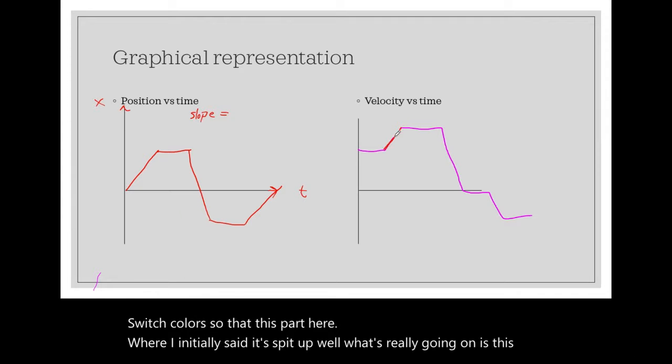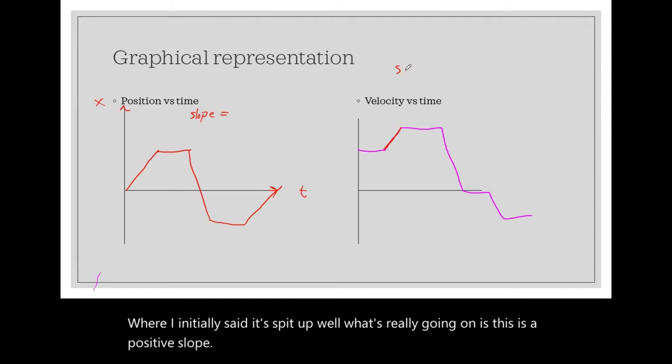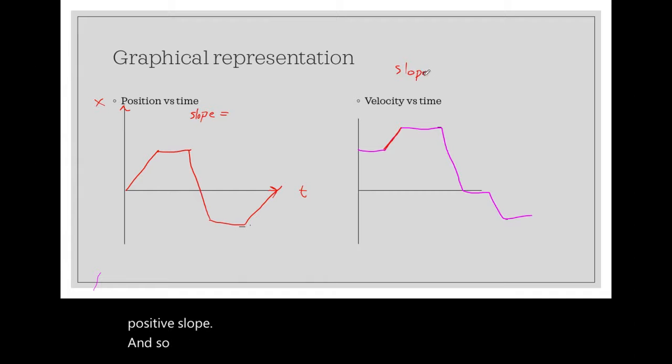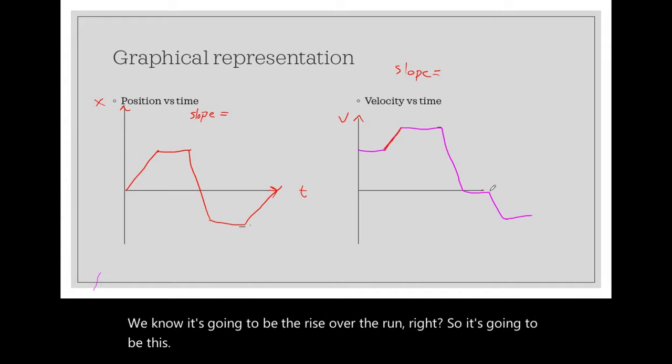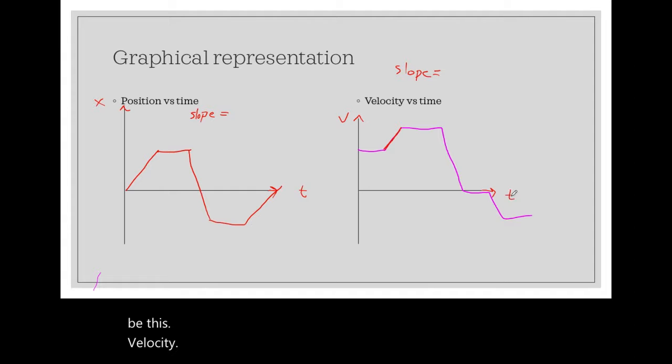is this is a positive slope, and so slope for a velocity time graph, well, we know it's going to be the rise over the run, right? So it's going to be this velocity divided by, or over the time, right? So velocity over time.